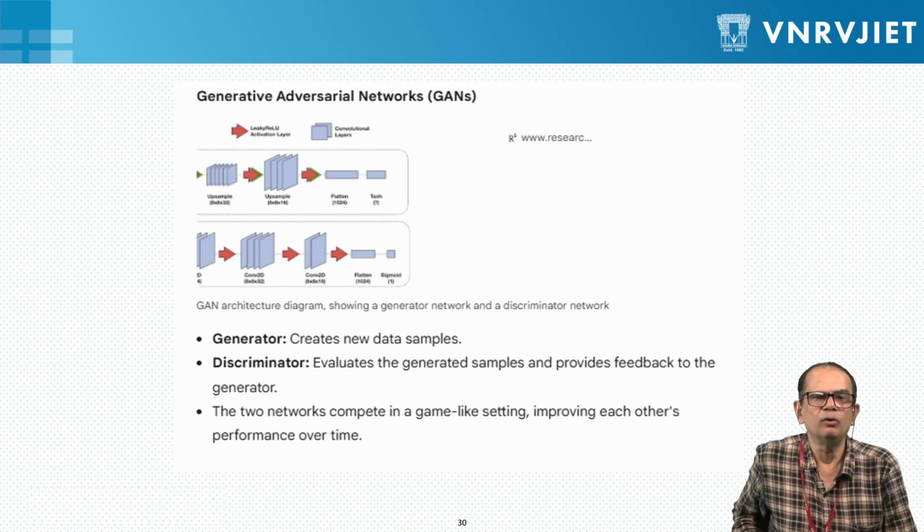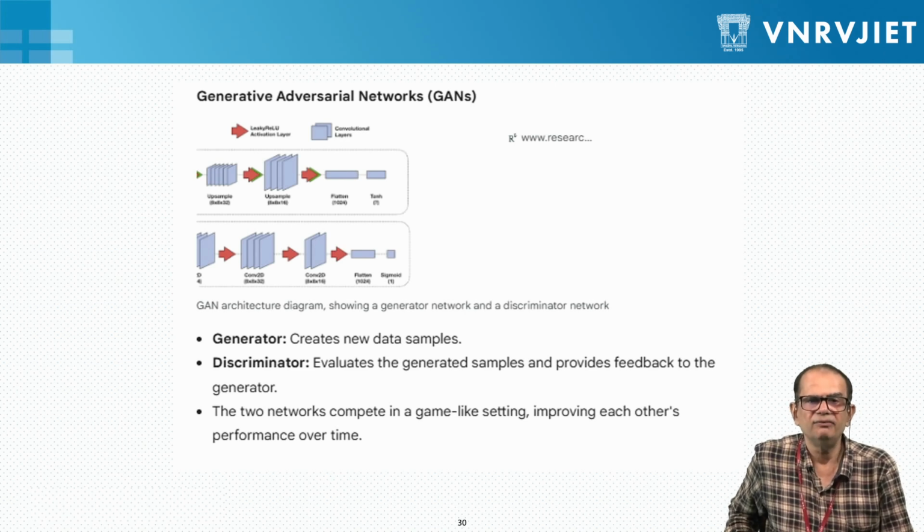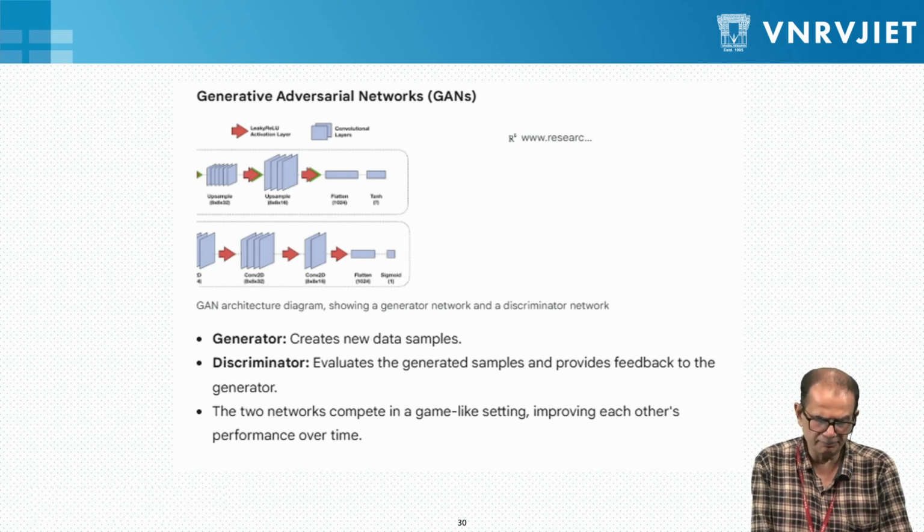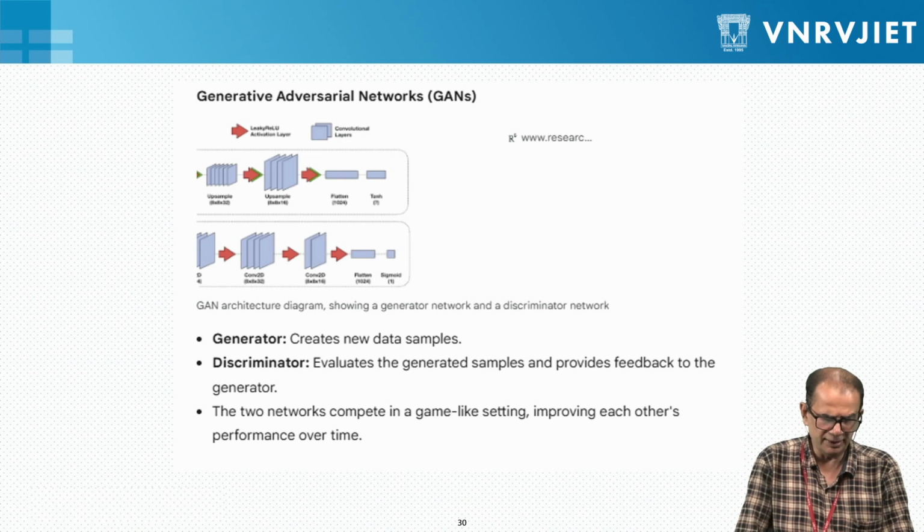Some of the architectures that we discussed are GANs. One of the components, the very first, is the generator, in which we create the new data example samples. Subsequently we have the discriminator.